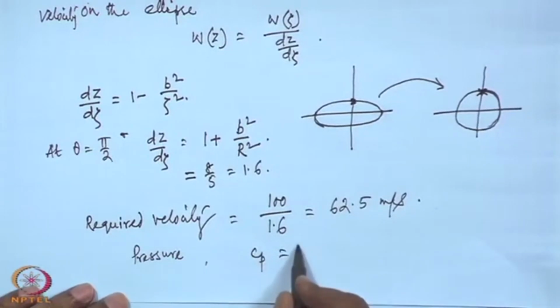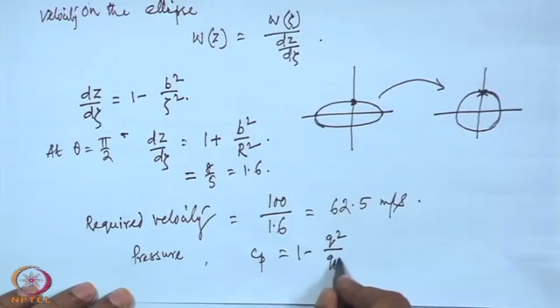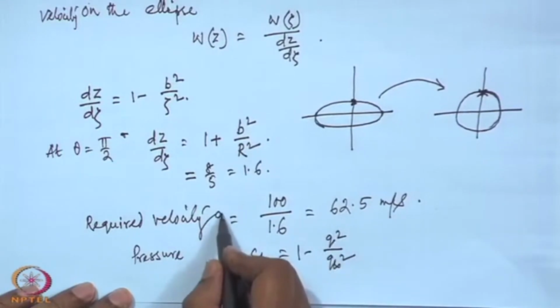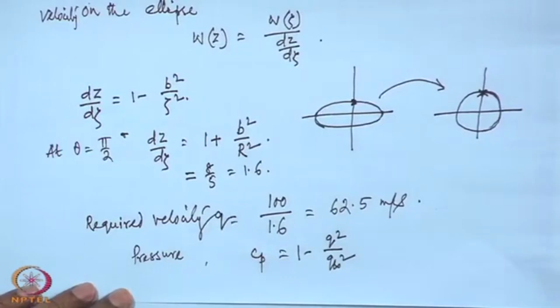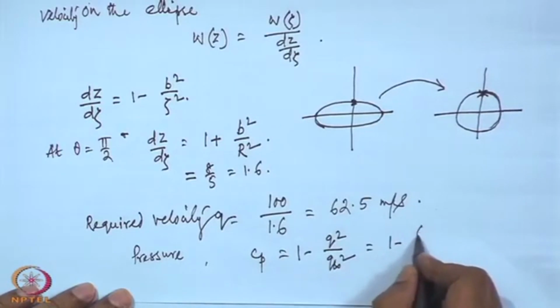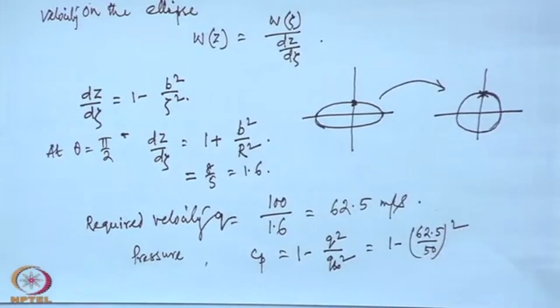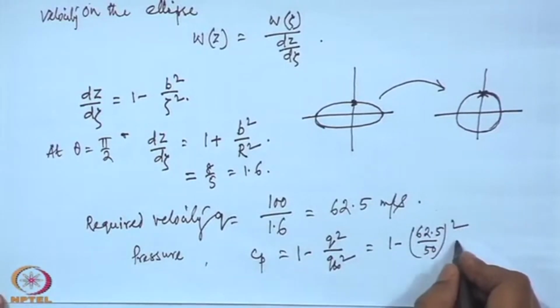Cp equal to 1 minus q square by q infinity square, let us call it q. So, that is all. Okay. How much is this?